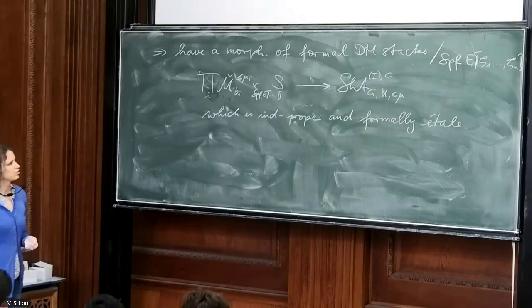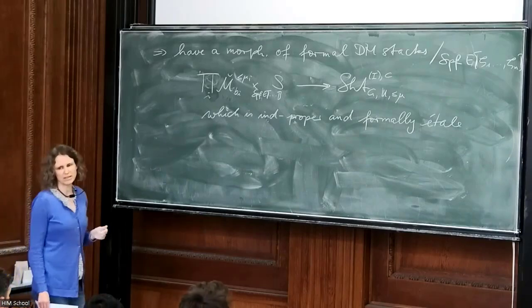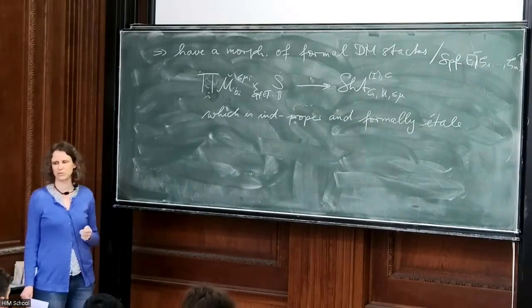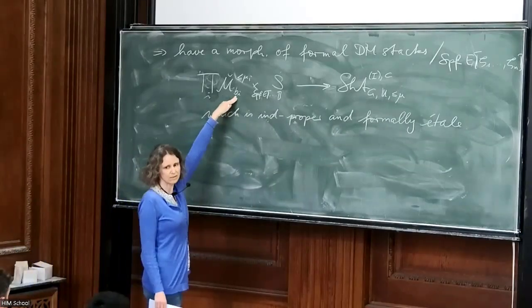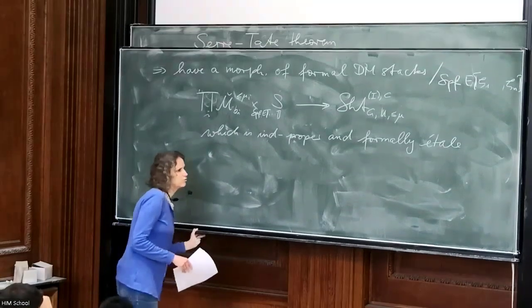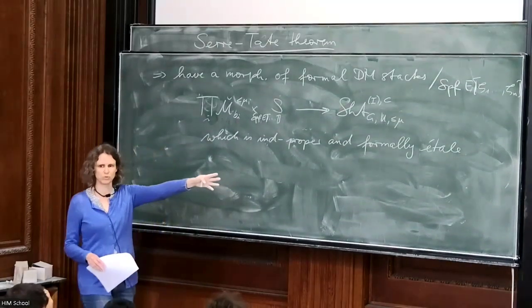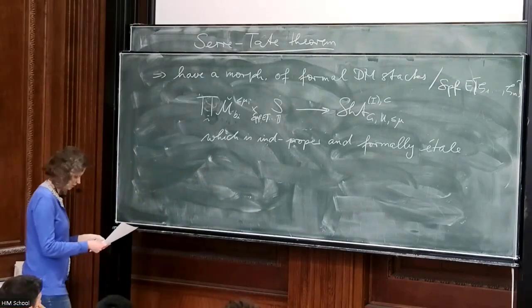Okay, so what is the image? On the left we've fixed a lot more data than on the right. So we have this uniformization morphism for every choice of B_i, for example, as long as we find some such global Shtuka G_0 satisfying the property that we have such isomorphisms.